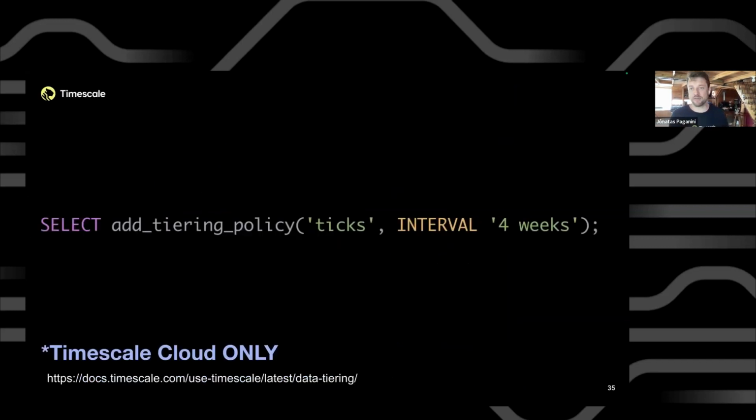This is just a line of code, add tiering policy, and then, for example, after a month, your data will be moved to S3, and it will be very cheap, but expensive in time, because it's not the same as having the data on your disk, as you also have another network call. But maybe you are able to pay this performance price if you are not querying it too much. So that is a Timescale Cloud only feature, but it's a very cool feature. We built it because our users needed it, and we already have tons of terabytes there.